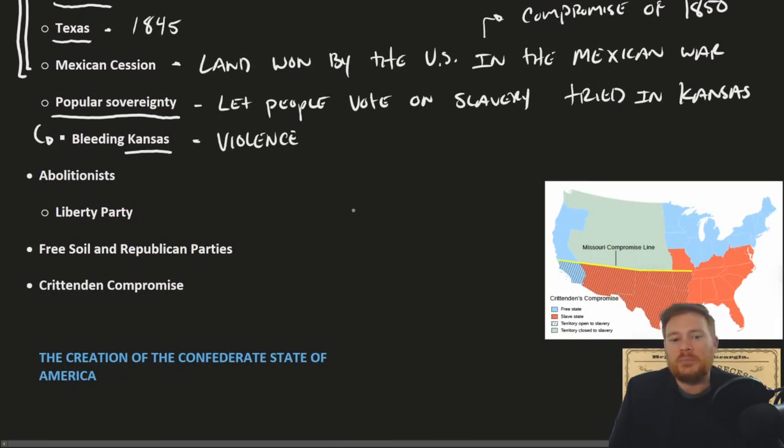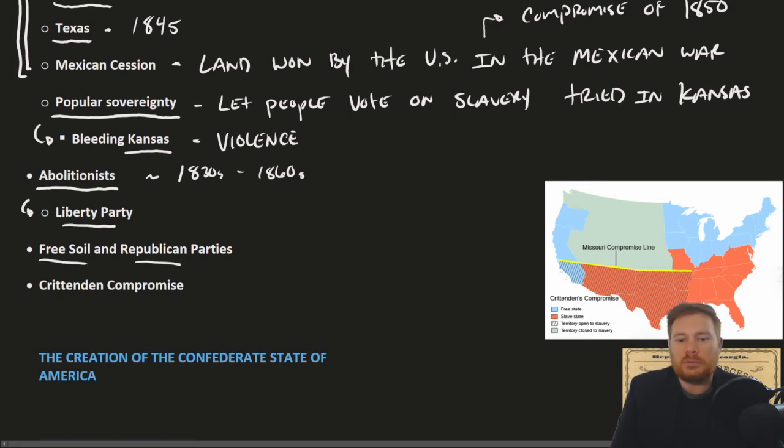There was also the growing concern of Northerners against the institution of slavery, not just in the Western territories, but the abolitionist movement that started around the 1830s through the 1860s, which became more and more vocal. Abolitionists also put their efforts into various political parties, the Liberty Party, the Free Soil Party, the Republican Party.